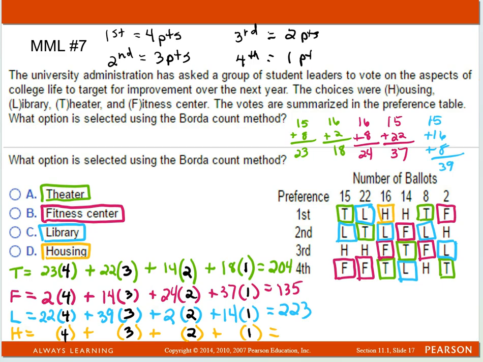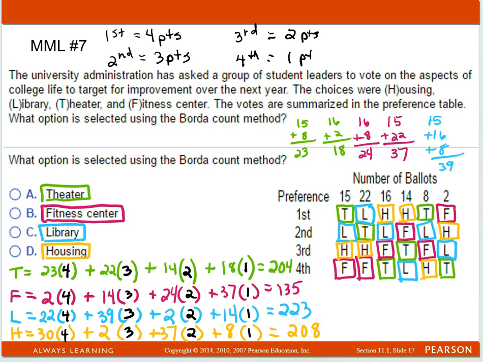You've got 16 here, and you've got 14. That's 30. And then I've only got 2 here. And then I've got 15 and 22. That would be 37. On the last row, there's only one H, and that's 8. When I do all that math, I get 208.